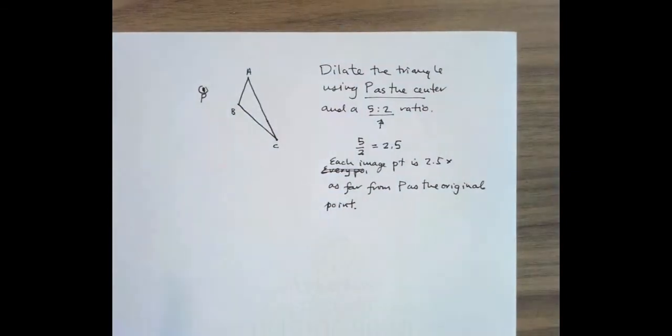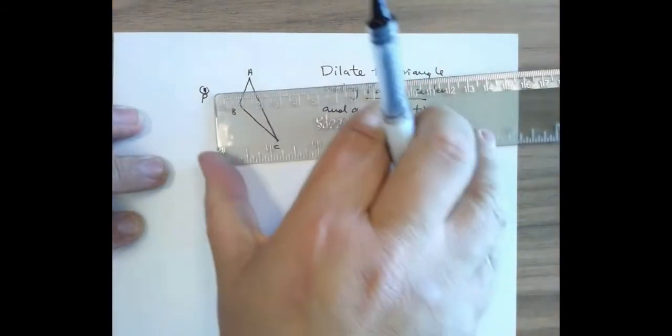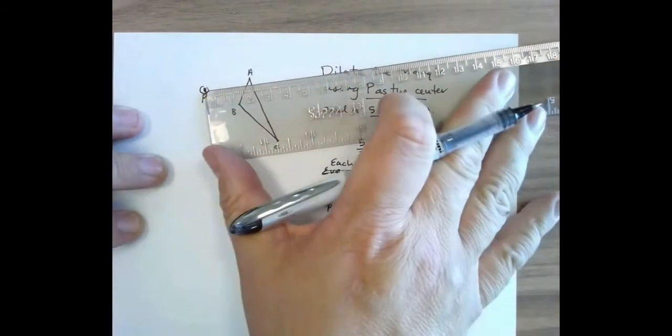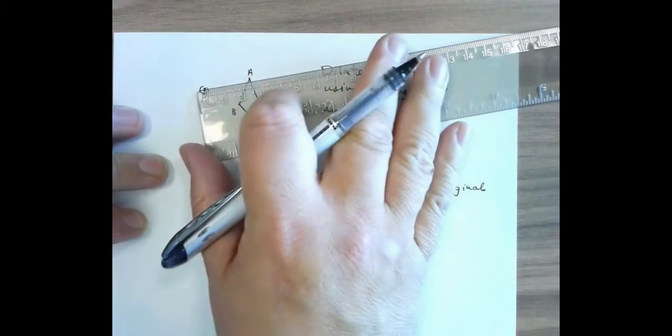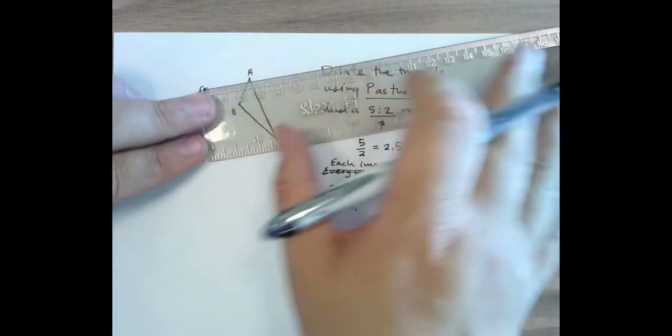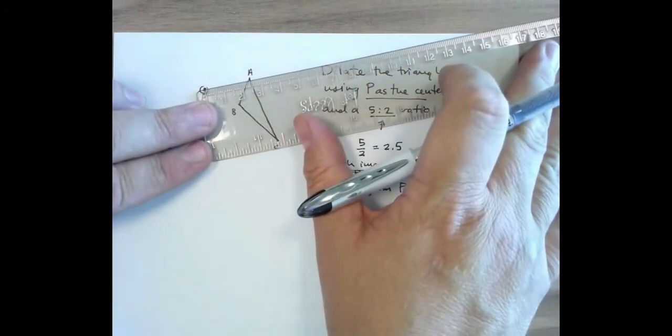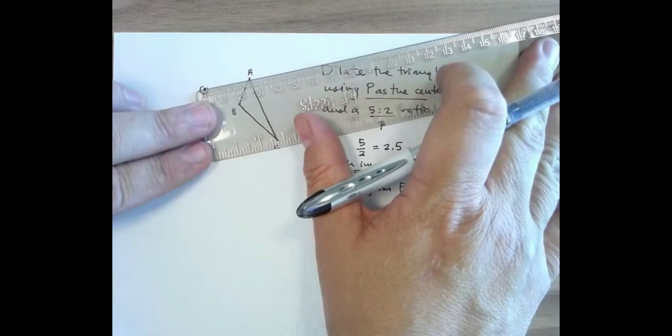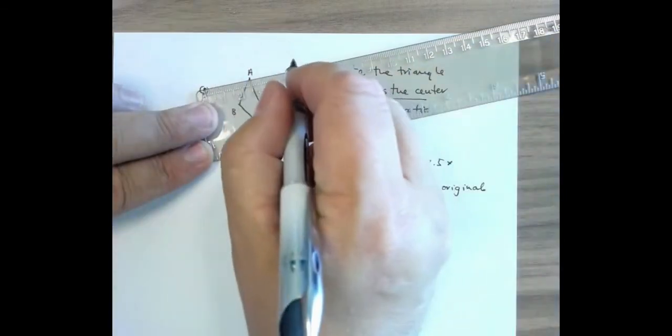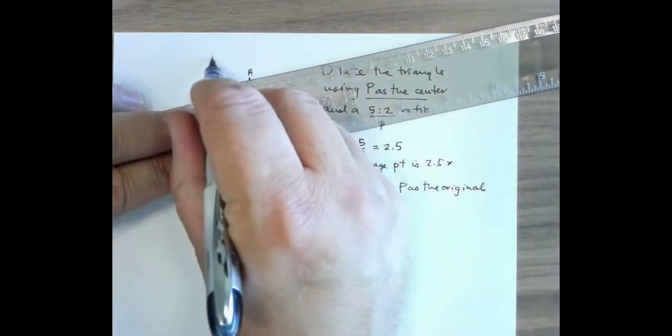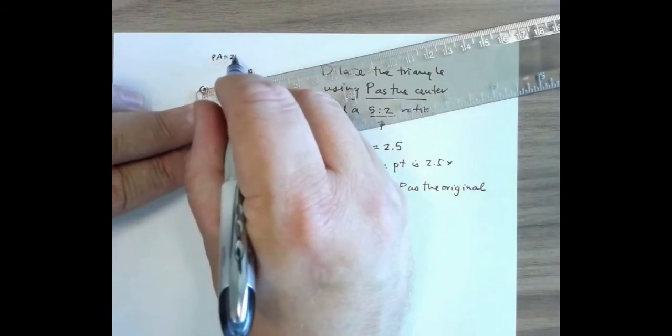So I'll get my ruler. I'll just do some quick measuring here. So PA looks to be about 24 millimeters. I'll make a quick note of that. PA, 24 millimeters.